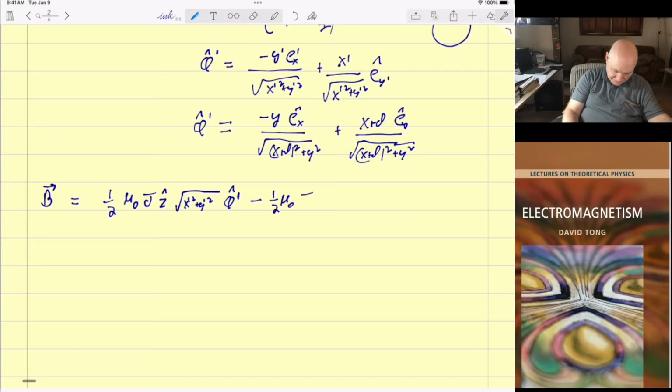The current density is the same but in the opposite direction, that's why we have this minus sign, times the square root of x squared plus y squared, using the coordinates on the inner cylinder, times phi hat. Okay, and this is equal to 1/2 mu 0 J. I'm sorry, I shouldn't have the z hat there.